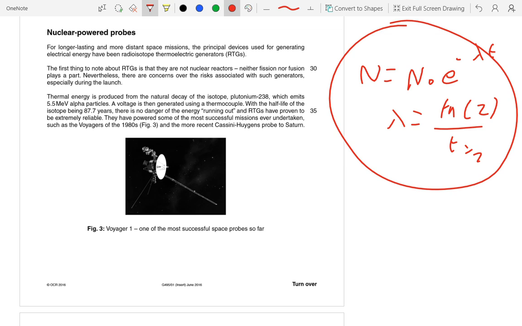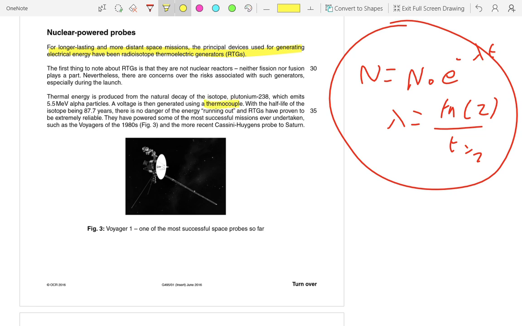So we'll go through it line by line again. The first bit is telling us what we know before for longer lasting space missions: radioisotope thermoelectric generators. Whatever that means, it's a particular type of way of producing electricity that can be used in the spacecraft, which we come on to a little bit later on.